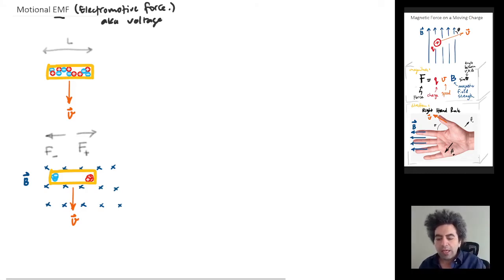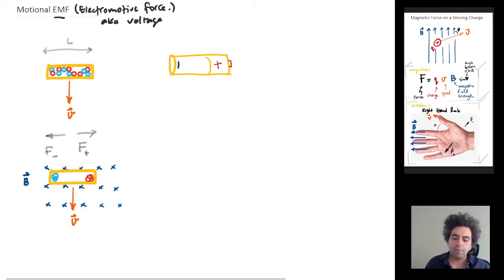This looks exactly like a battery, with the positive on this side and the negative on this side. So if I hook up any electrical device between the positive and the negative, then a conventional current would flow and it would power my device.